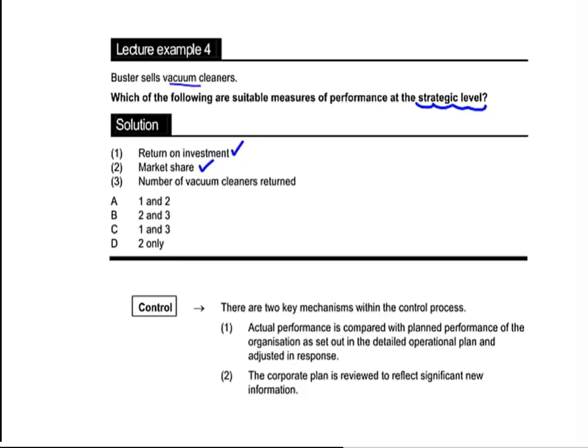The number of vacuum cleaners returned would be important, but not at a strategic level. So lower down the organisation, perhaps at an operational or even a tactical level, we'd be concerned from a quality point of view. However, we're going to be looking at answer A here.